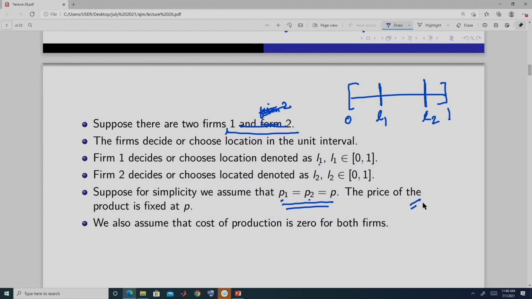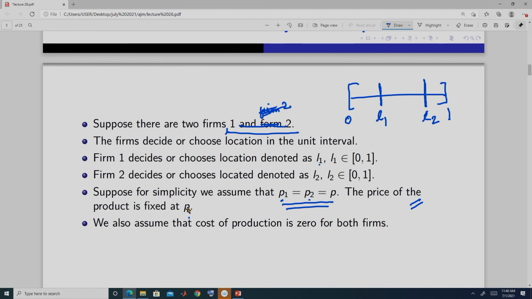In the original Hotelling model, which is further developed in a game theoretic form, price is also included. So, price is endogenously determined in that model, but that is a slightly complicated model.